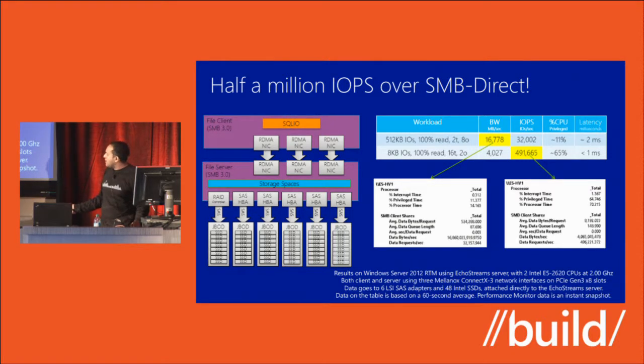Again, you have 48 Intel SSDs, and I believe it was RAID 1.0. I'm not sure, but I can check on that. So it's a real-life configuration, and it can achieve about 16 gigabytes per second.